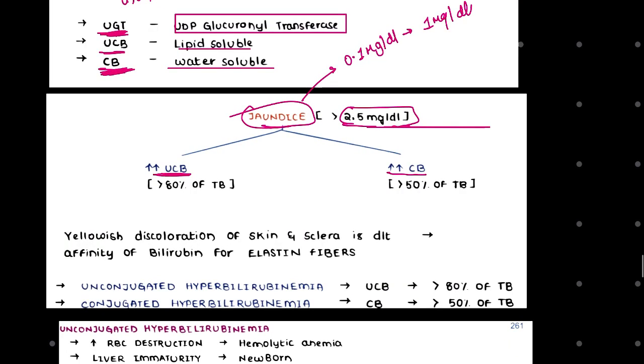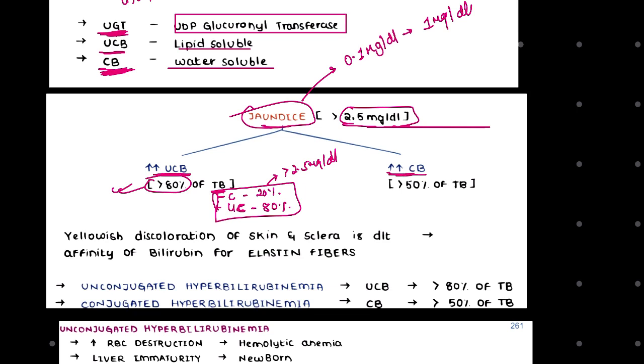If the total bilirubin content is greater than 80%, and total bilirubin means we have both conjugated and unconjugated, so if in this condition we have 80% unconjugated bilirubin and 20% conjugated bilirubin, and here we are talking about greater than 2.5 milligram per deciliter, it should be higher than this. This is the condition of unconjugated hyperbilirubinemia.